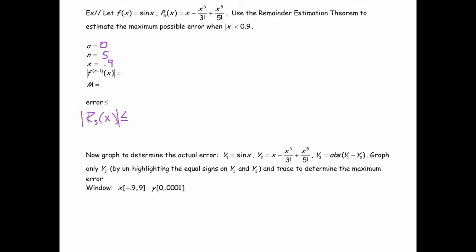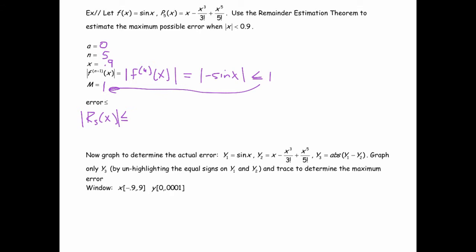So this is going to be the absolute value of the 6th derivative of x, which we saw is the absolute value of negative sine of x. And we know that that's always less than or equal to 1, so that's what our M is. So now we're ready.